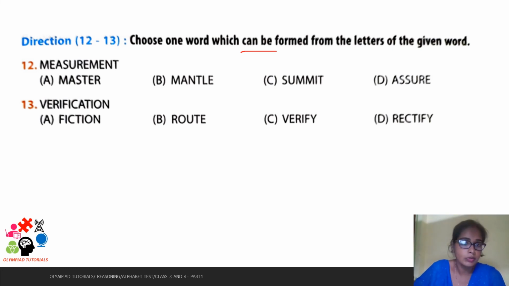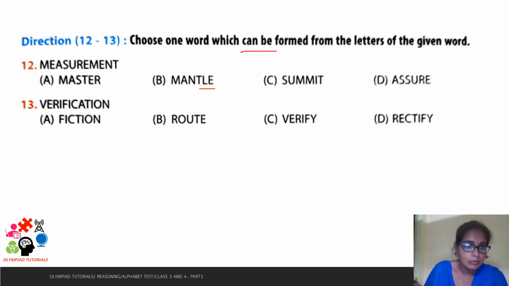So in question number 12, you have the word measurement and you have 4 options: master, mantle, summit, and assure. Out of these 4 words, if you carefully observe, in the word mantle, L is not present in the word measurement.